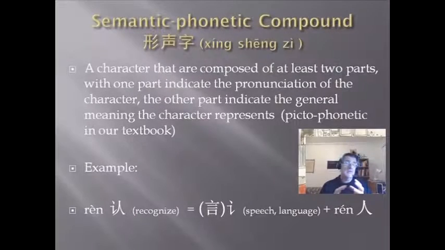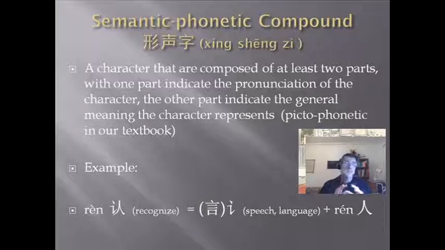The semantic part gives you an indication of the general category of meaning, and we've talked about this briefly in the lectures before. We talked about the word for mother, mama, and the fact that on the left hand side you have the character for female, 女, and so that gives you the information that this character is associated with the general category of female.